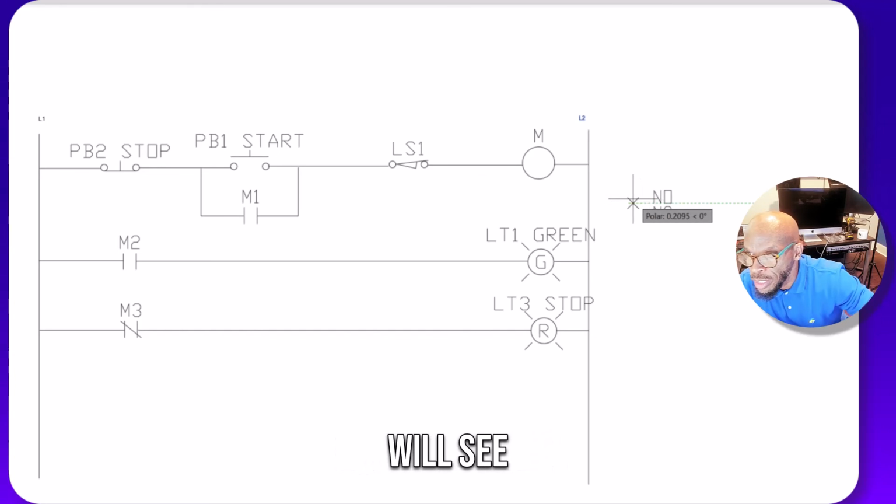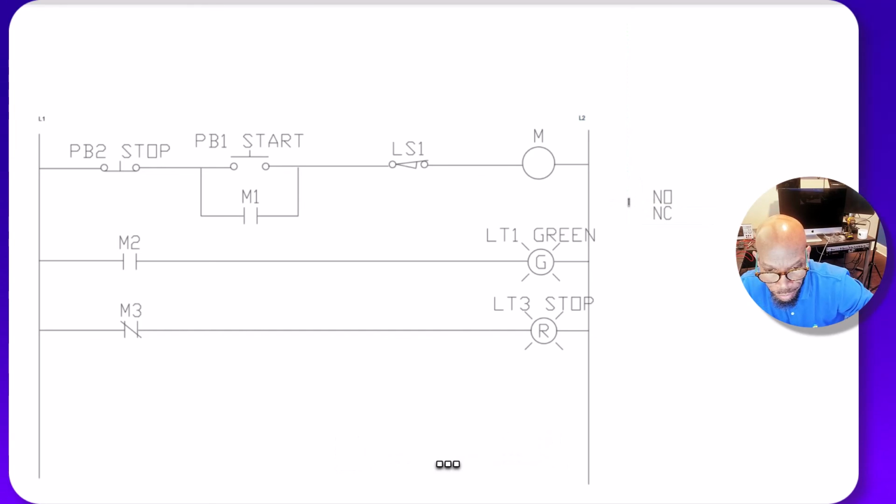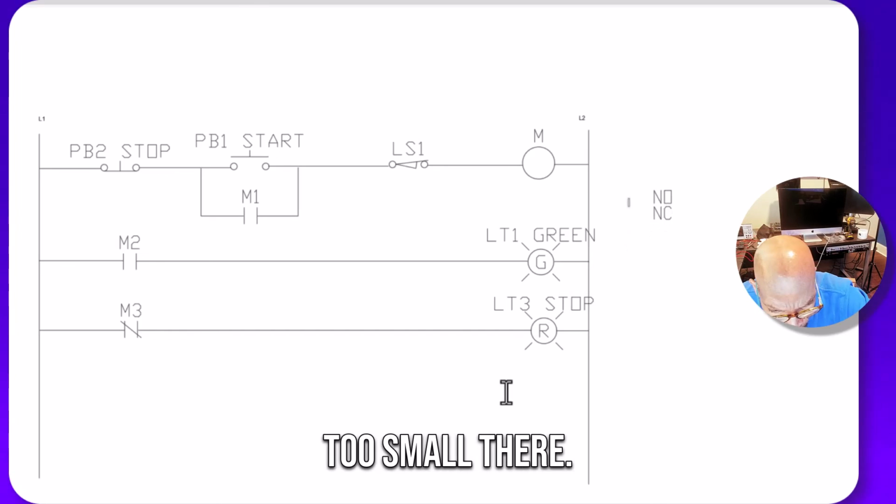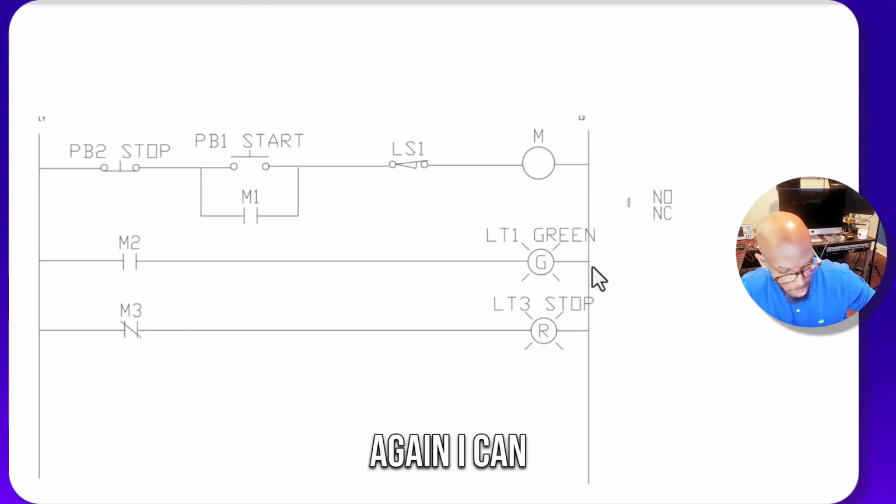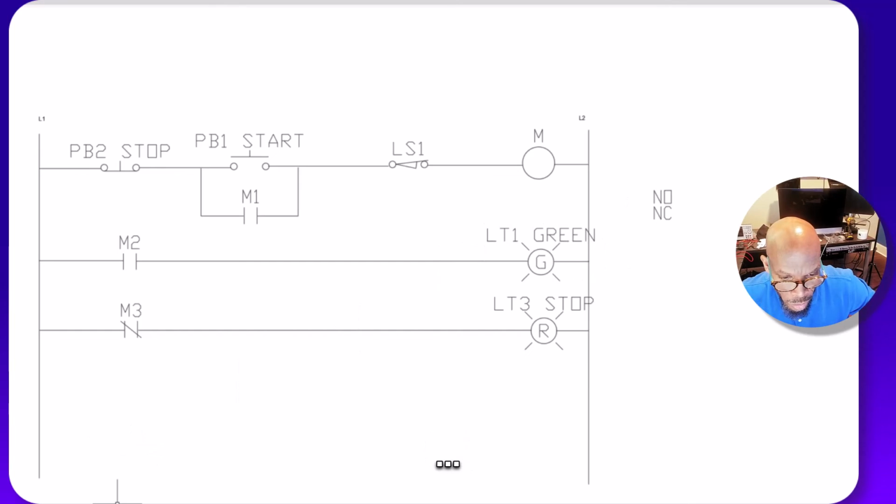So then you will see a 2 and a 3. Let's see, I made it too small there. Let's do it again.